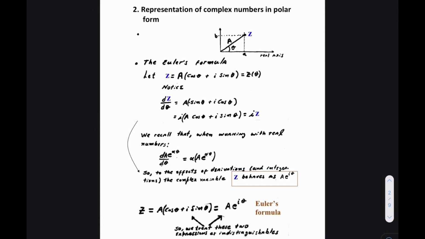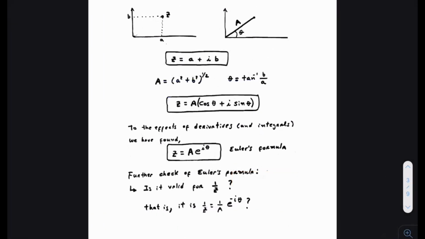So from this point of view, we see that the complex number can be written like this. Now let's look at the relationship between this representation and the polar representation of complex numbers. The relation between the modulus of the complex number a plus ib and its components is this one.